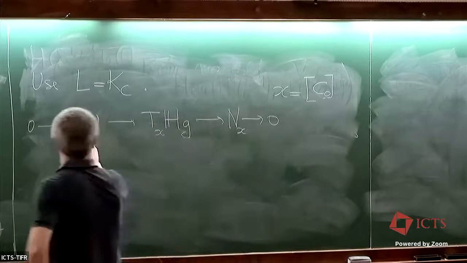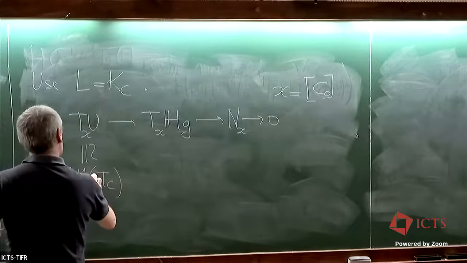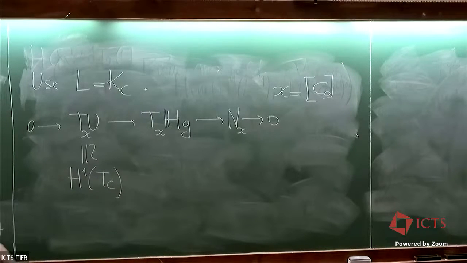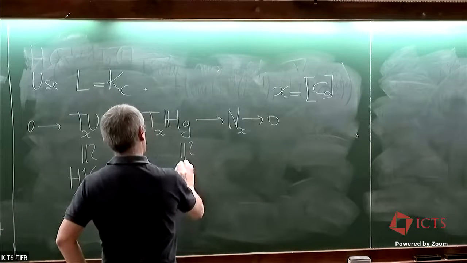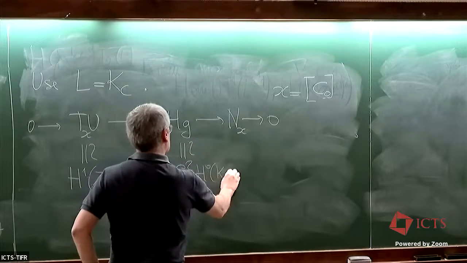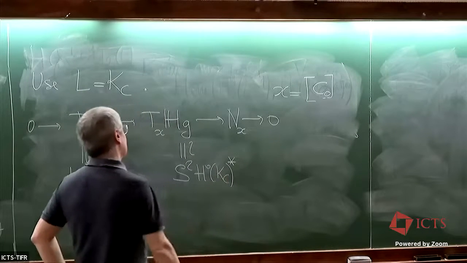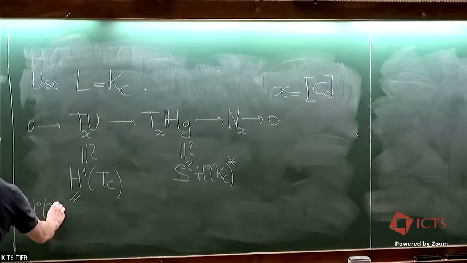So this one is isomorphic to H1 of the tangent sheaf by Kodaira-Spencer, while this one is isomorphic to this space. And this one can also be seen as the dual of this.